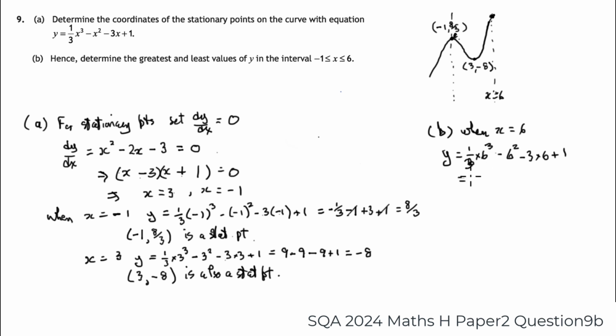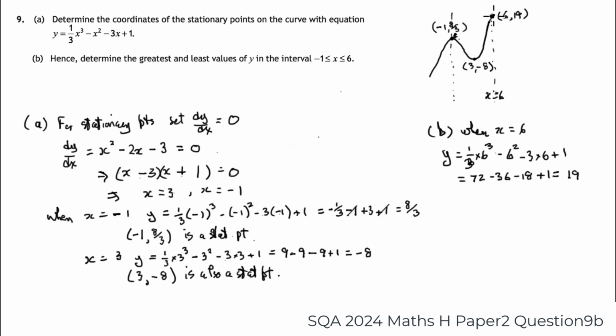Twice 36 is 72. Minus 36 minus 18 plus 1. And when all that is calculated, we end up getting 19. You can check that on your calculator. So we have a value of 19 as the end point when x is 6.